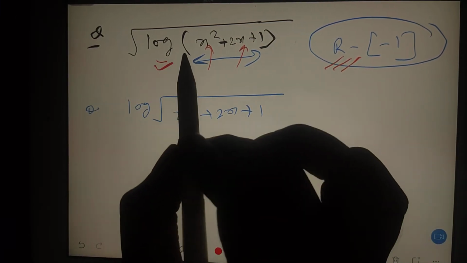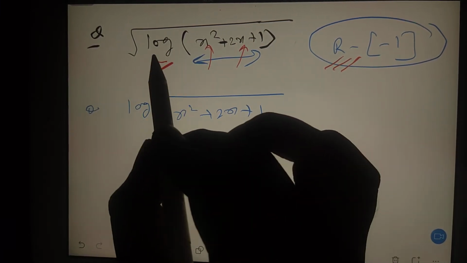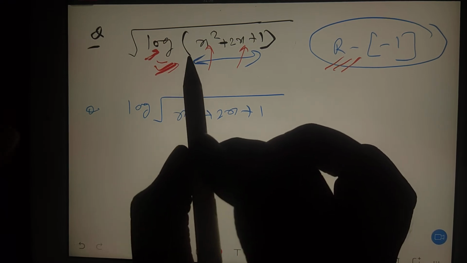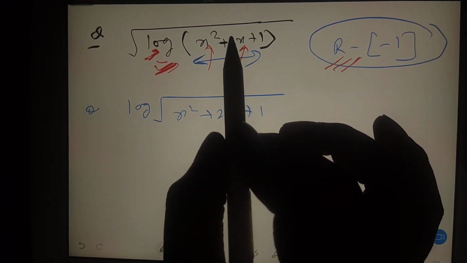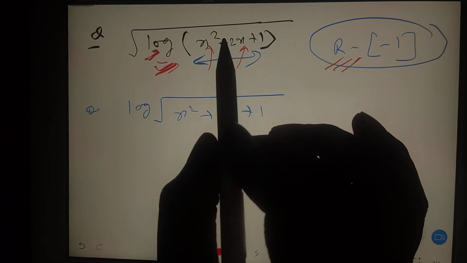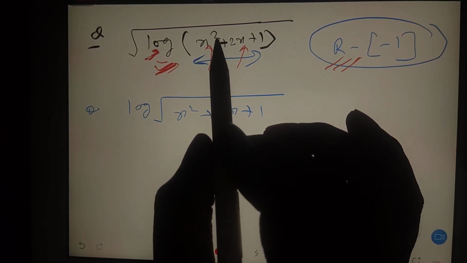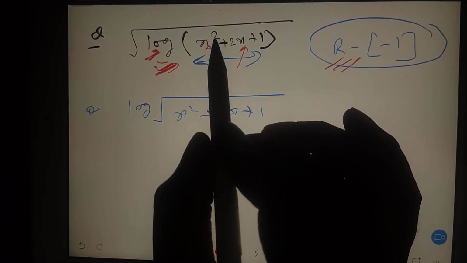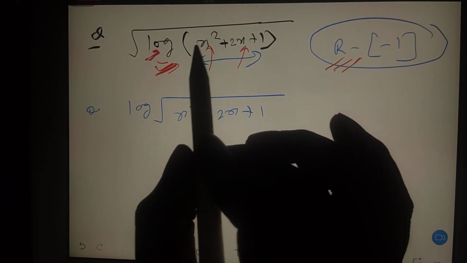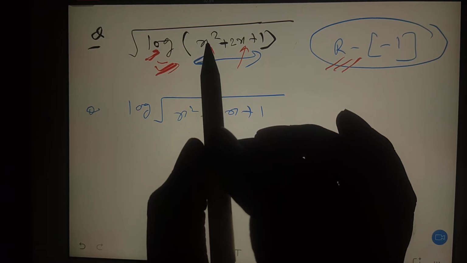So log is satisfied. Log will never give you an answer where you are going to get negative. Is it so? Can log give you an answer where you can go negative? Log will give you an answer, and that answer will be negative only in one case.